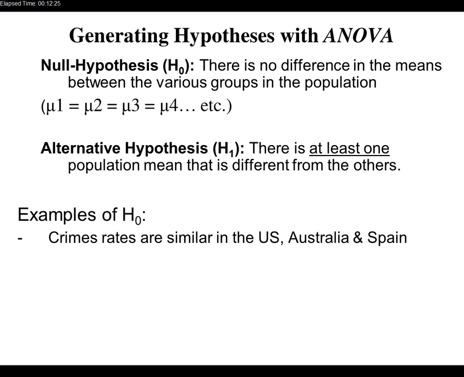Okay, all three are similar, so just go back up here, and what did I say is that mean 1, mean 2, mean 3, in this case, mean 1, mean 2, mean 3 are the same. So that's the null hypothesis, okay?